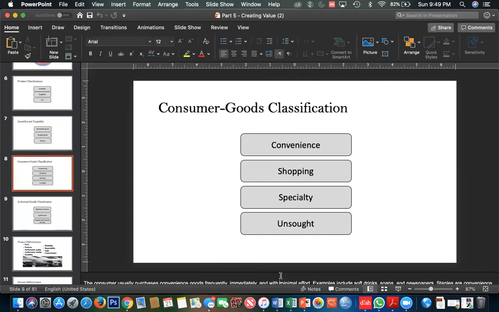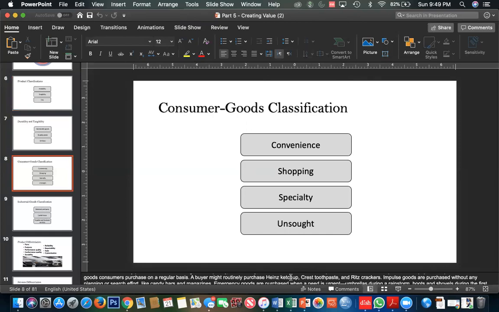At the outset, convenience goods are purchases that we make for convenience. These are the ones we routinely purchase, like toothpaste, food items, ketchup, and things like that. This also includes emergency products, things that we buy for emergency reasons.